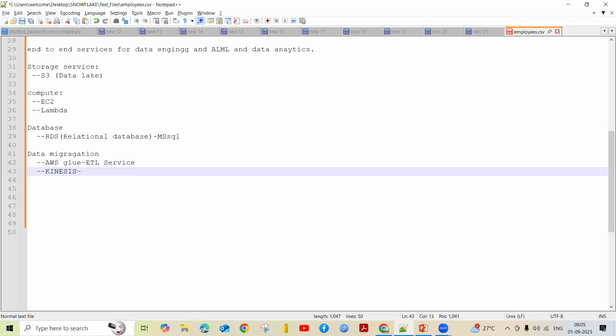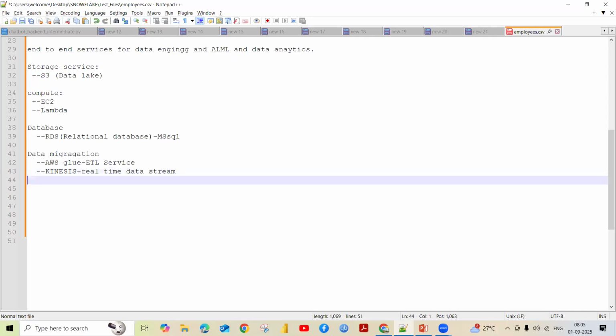In such cases, we'll use Kinesis from AWS. Netflix is the perfect example of live streaming. So this will handle real-time live streaming. Okay, so that service we will also learn.